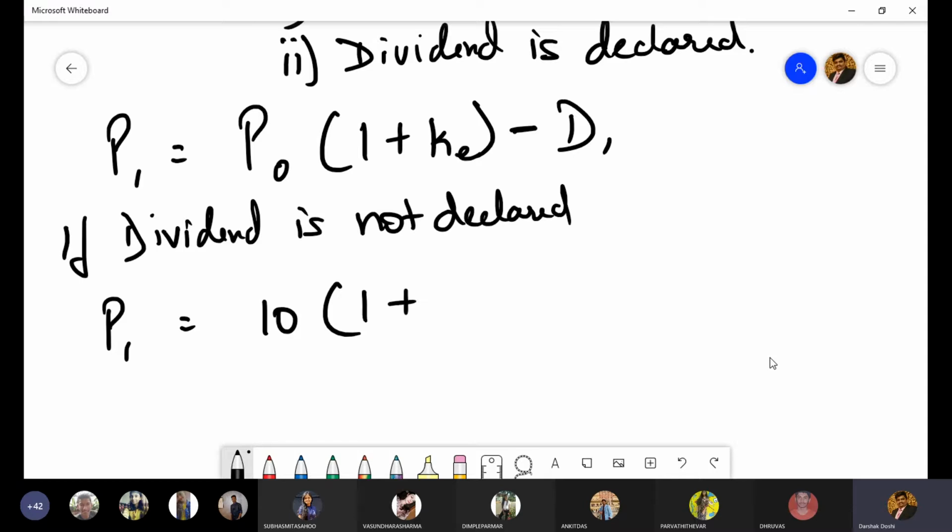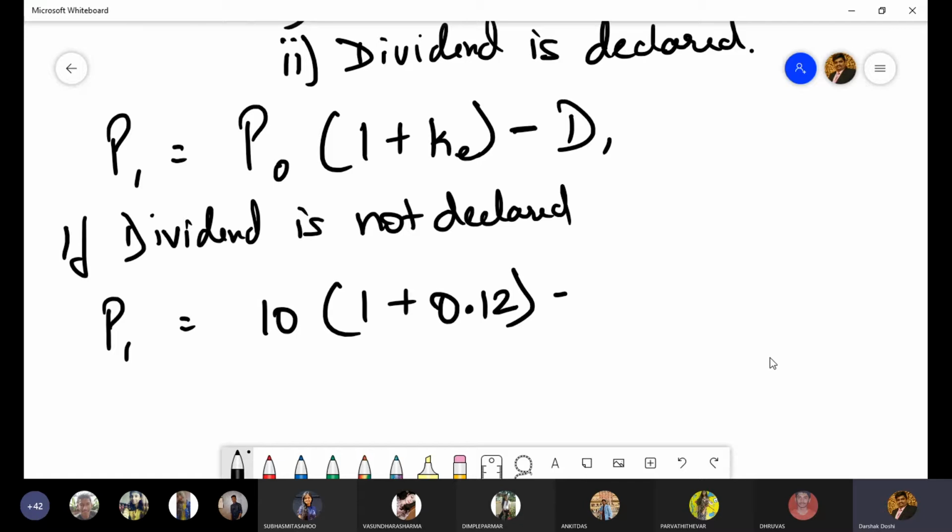1 plus what will be the cost of equity, the opportunity cost? The question is giving you that the capitalization rate for same class of shares is 12%. So can I say KE will be 0.12, and we are assuming that the dividend is not declared.